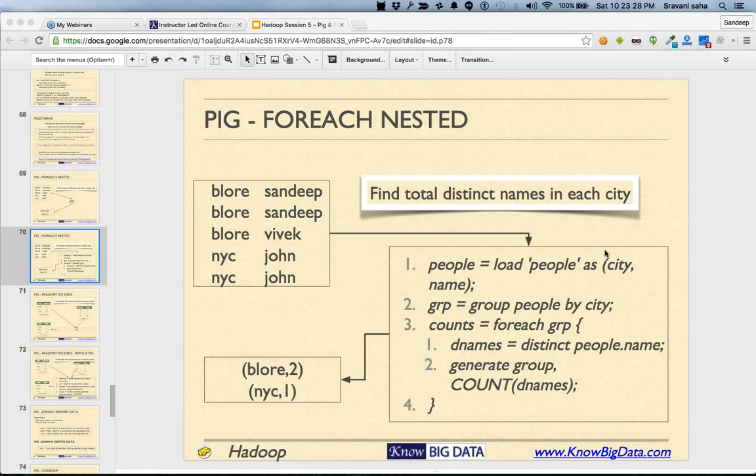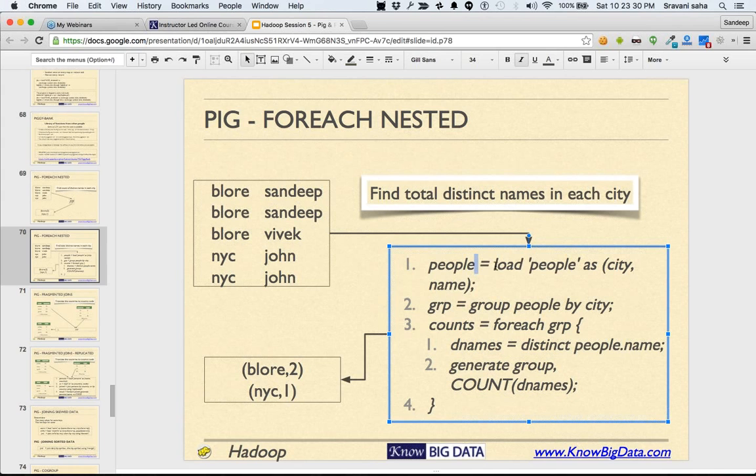You have people equals load people as city comma name, and then group equals group people by the city. And then you say counts equals foreach group { dnames equals distinct people.name; generate group comma count of dnames }. So what exactly are we doing here?